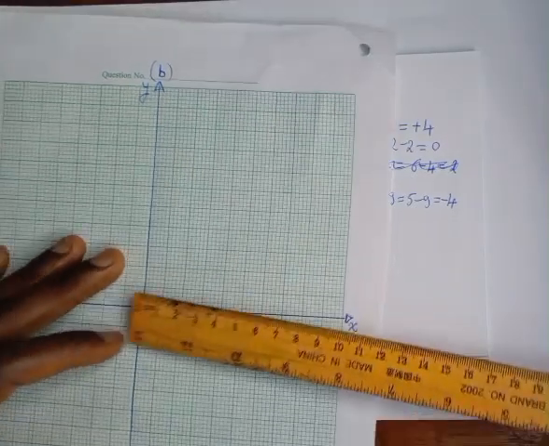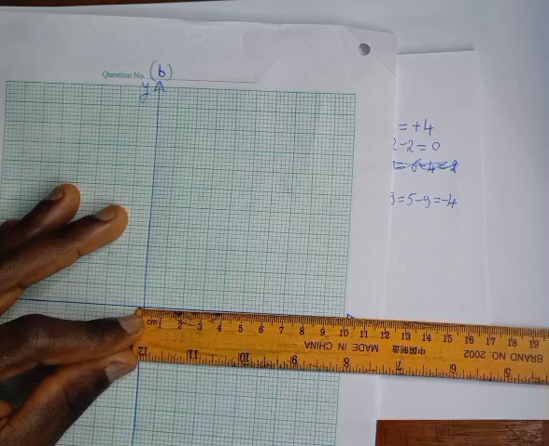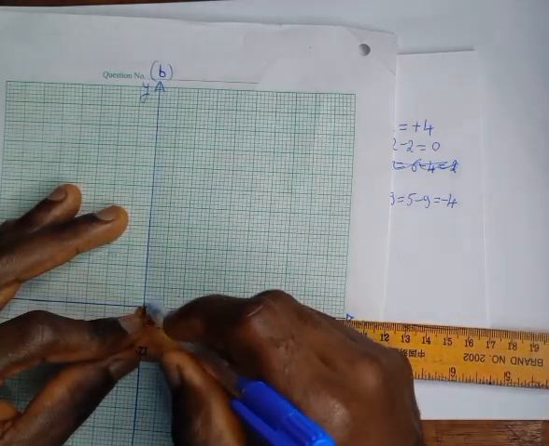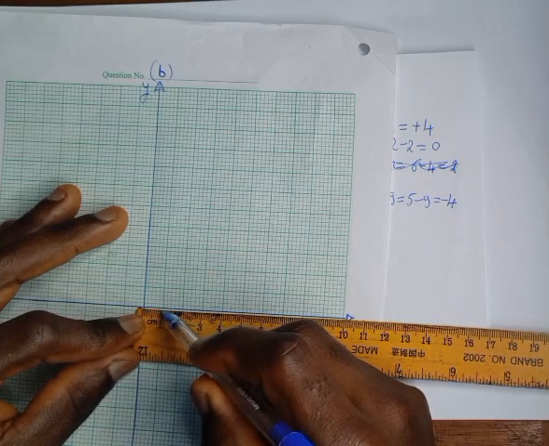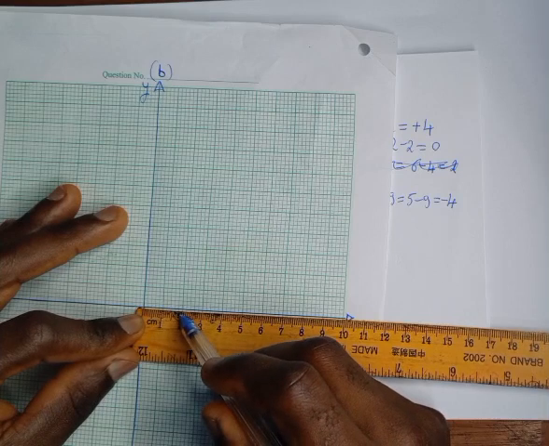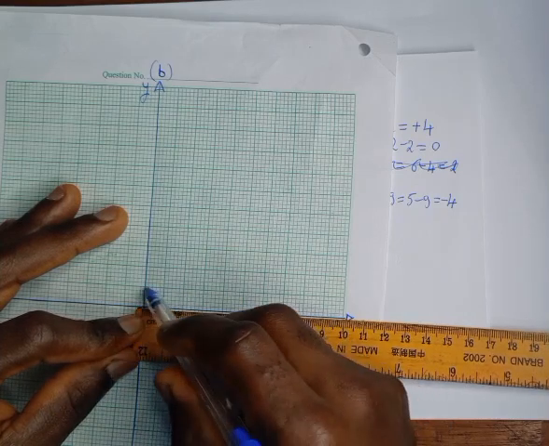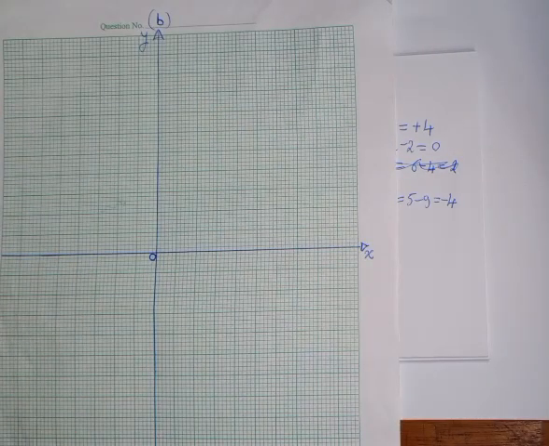So if you start measuring from 0, you'll see that one of these big squares has a dimension of 1 centimeter. 2 centimeters falls exactly on 2 of these big squares. So that means we are going to count 2 of these big squares to represent 1 unit on the x and y axis.